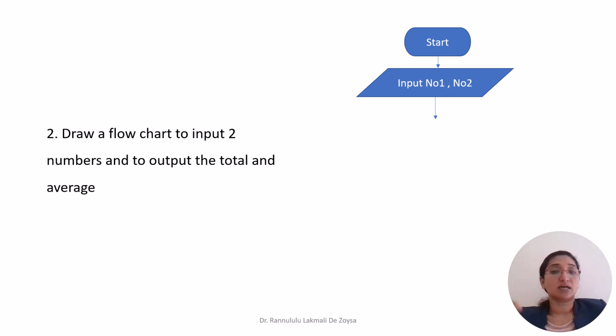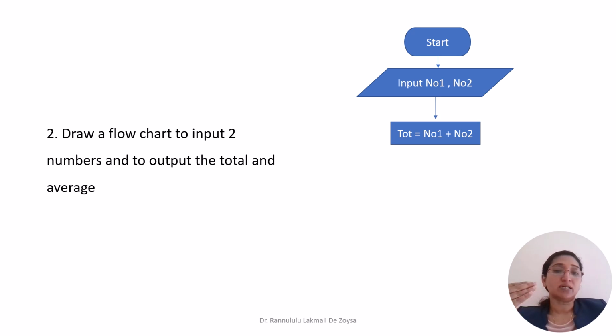This is a process, an action the computer should perform. It should add the two numbers and assign that value to a variable called total. So within the rectangle, you write total equals number 1 plus number 2.